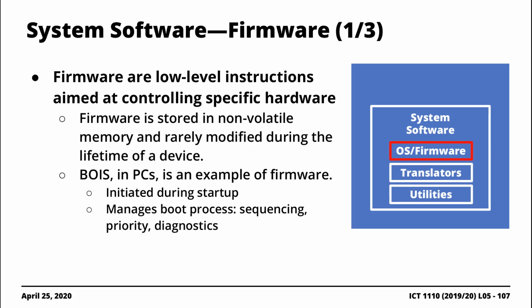And in more recent times, it's on EEPROM or PROM, so programmable read-only memory and erasable programmable read-only memory. These are the sort of components where firmware is normally installed or embedded, right? And the reason is to make it somewhat difficult to modify those instructions, right? They're the lifeblood of the computer hardware. Without the instructions, the hardware would be non-functional. It wouldn't be possible for you to use that piece of hardware.